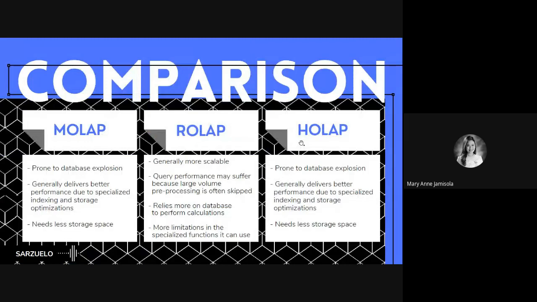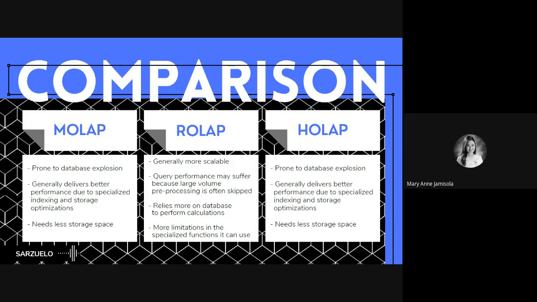So let's compare one from the other. Each type of OLAP has certain benefits, although there is disagreement about the specifics of the benefits between the providers. Some OLAP implementations are prone to database explosion, or MOLAP, a phenomenon causing vast amounts of storage space to be used by MOLAP databases when certain common conditions are met: a high number of dimensions, pre-calculated results, and sparse multidimensional data.